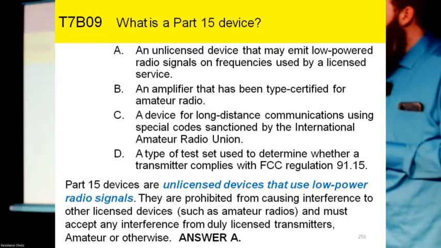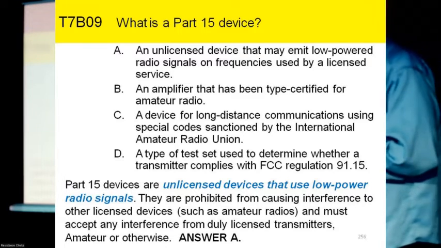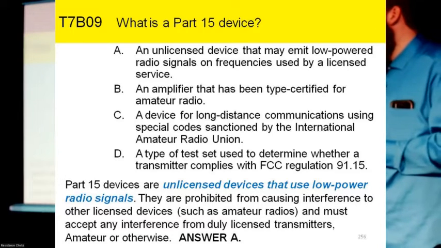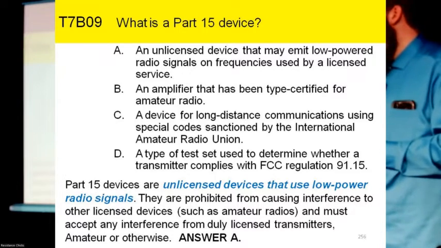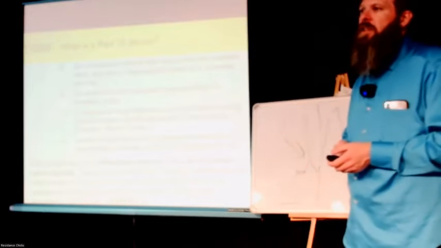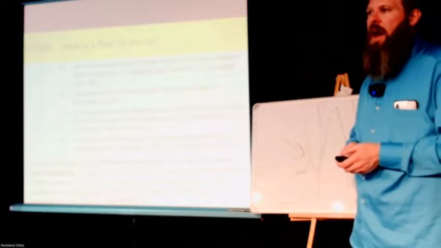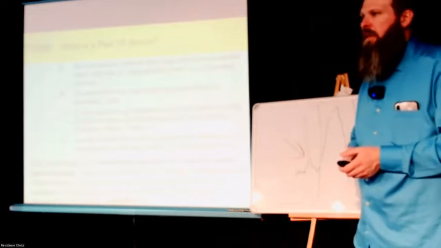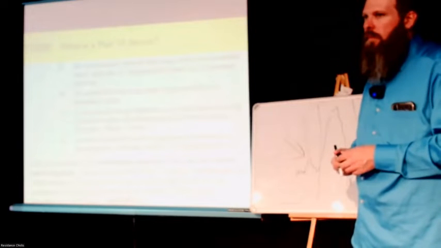What is a Part 15 device? It's an unlicensed device that may emit low-powered radio signals on frequencies used by a licensed service. Okay, so that's the consumer. So as a consumer, you get a low-powered device, and you don't have to have a license.